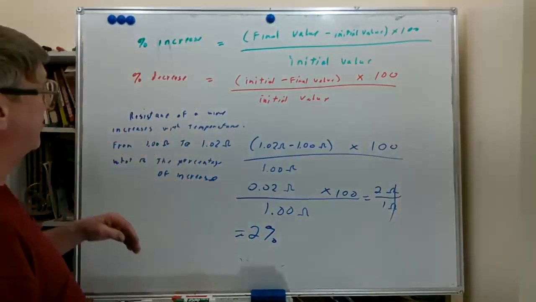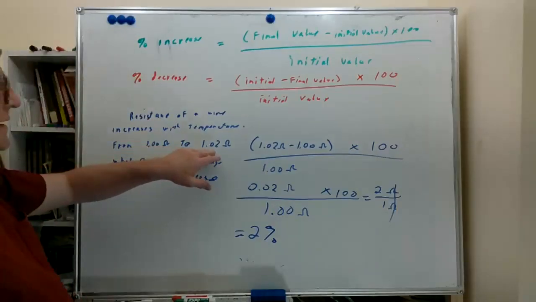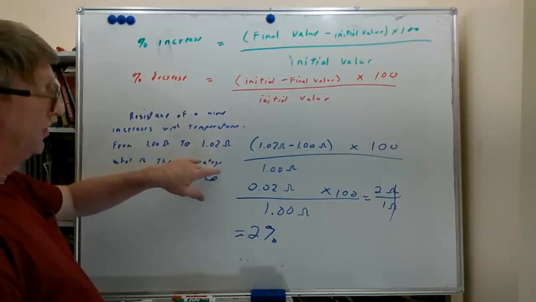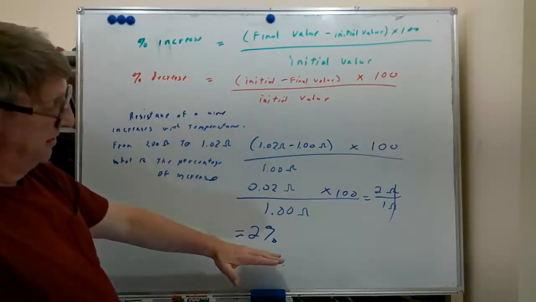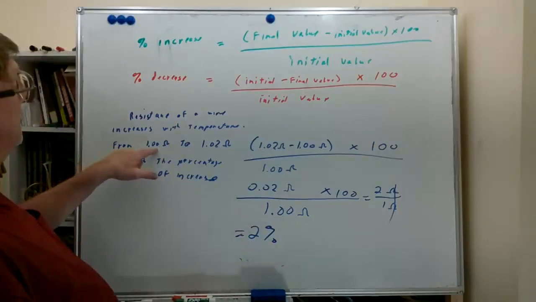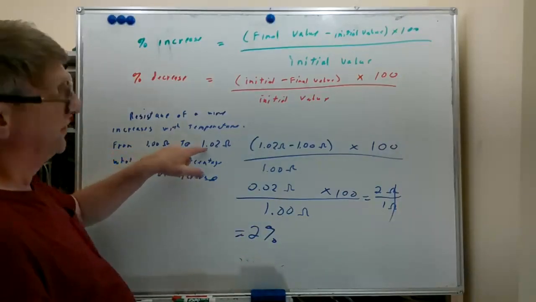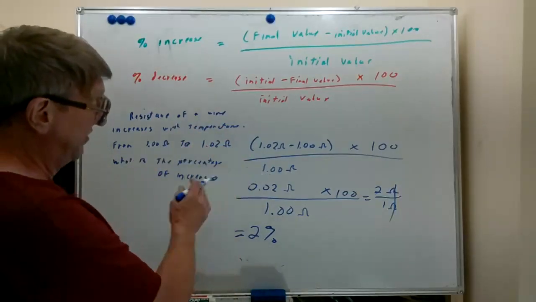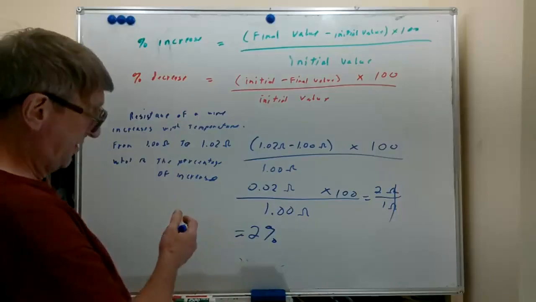So when we increased the resistance of the wire, when we heated it up from 1 ohm to 1.02 ohms, we increased the resistance of the wire by 2%. And that's kind of easy to see. That would be like 100 or 102 if we multiplied them. If we put them over 100, you would see the relationship there.